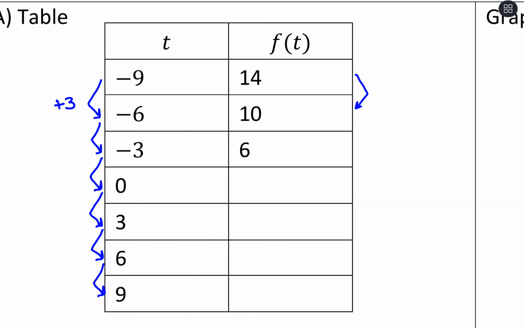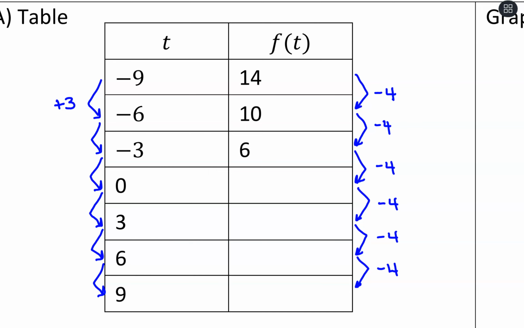Now if we look at our change in output, so to go from 14 to 10, what we did is we took away 4. And if it's linear, that change should remain the same too. So how our outputs change relative to our inputs should remain the same across the whole table. So we're taking away 4 each time as we move across our outputs.